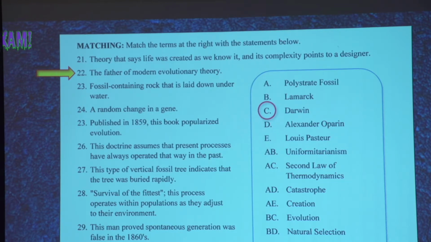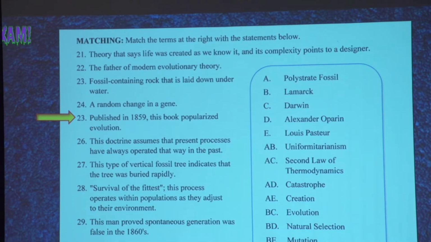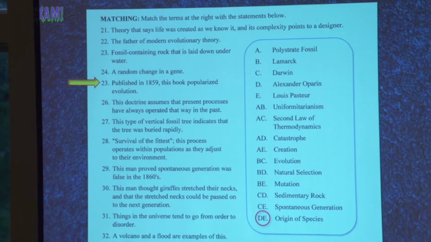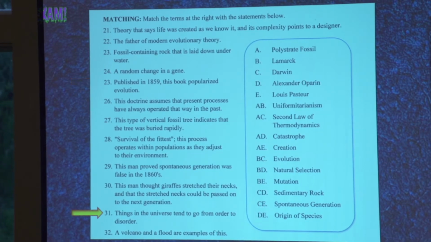Yeah, and by the way, I really think Darwin was a genius. I think he happened to be wrong, but if you read particularly The Voyage of the Beagle that he wrote, this 5-year trip down to the Galapagos Islands and stuff, he was a very good writer, very interesting writer. Published in 1859, this book popularized evolution. Origin of Species, so that's how that goes.